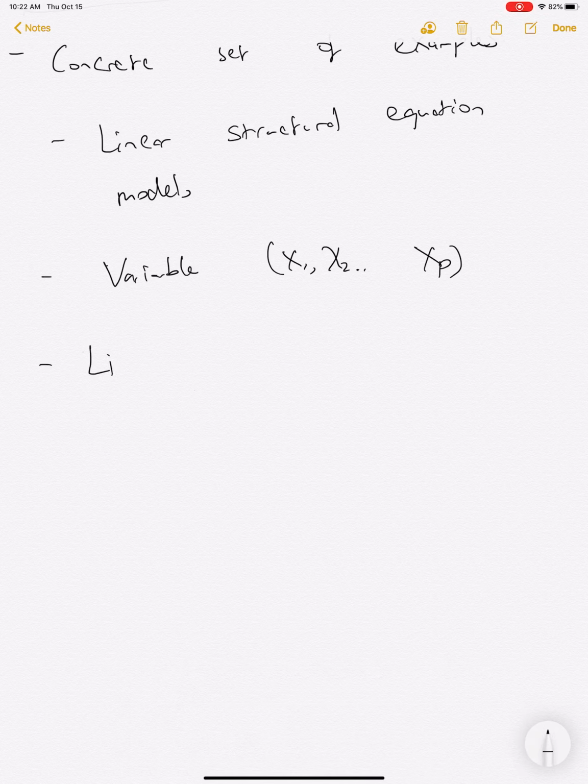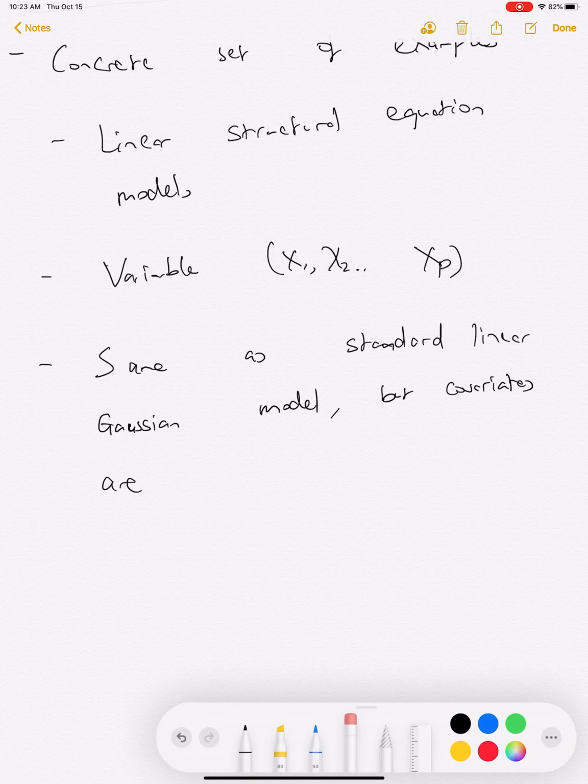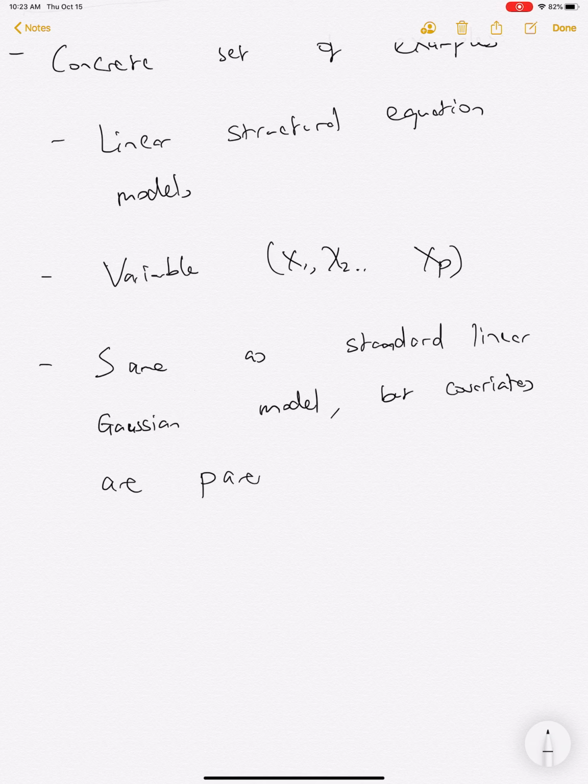It's the same as a standard linear Gaussian model, but the covariates are parents, and that's this connection to the graph: the parents of a node according to a graph.